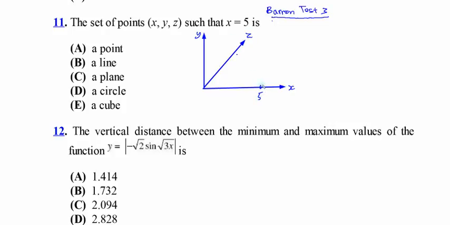Okay, now if you have 5 here, independent of the Y value, that means this Y can go up all the way.